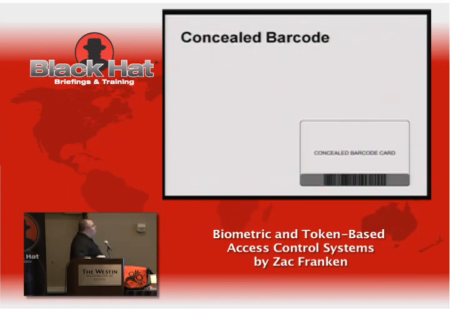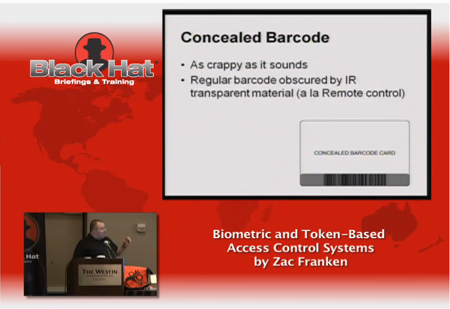So, here is the concealed barcode card. It is as crappy as it sounds. Basically, what you have is a barcode on the bottom of the card, obscured by a little strip of plastic that's permeable to infrared.